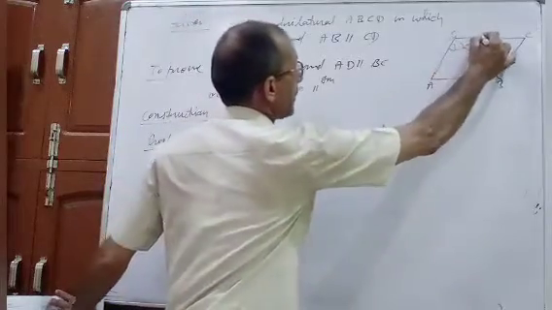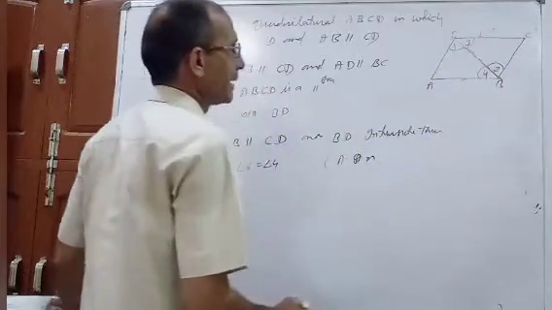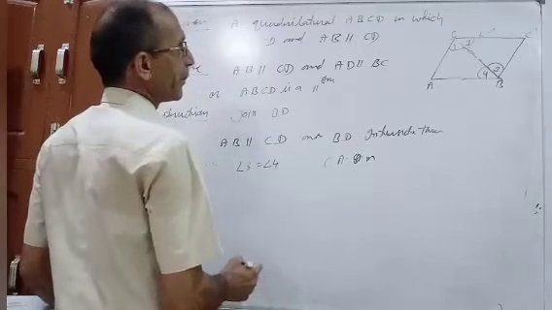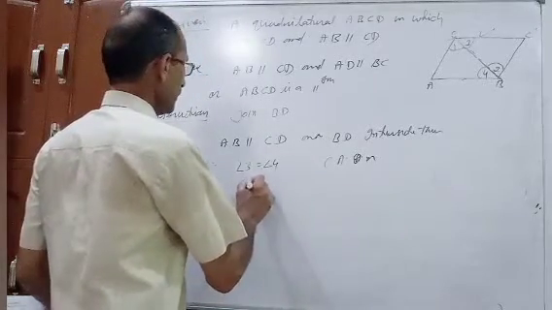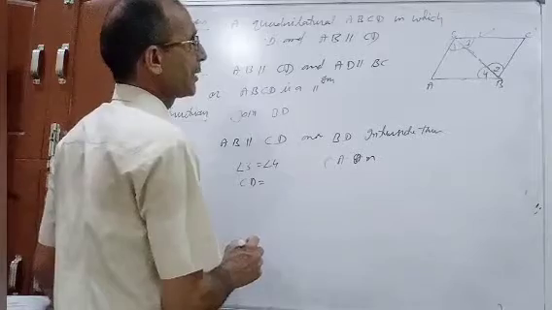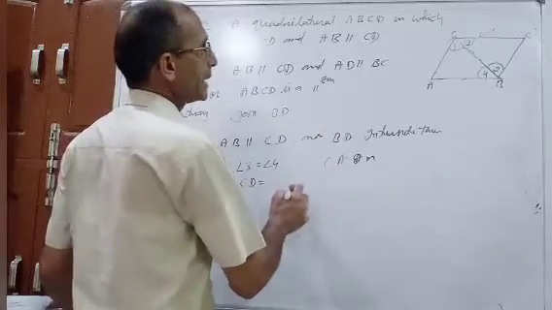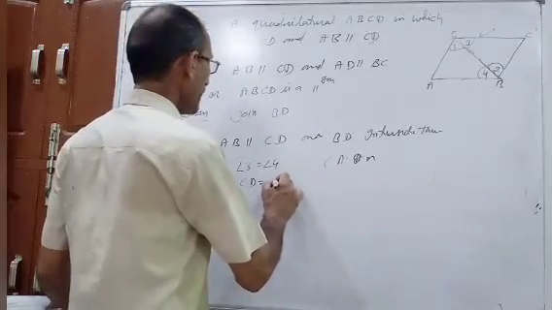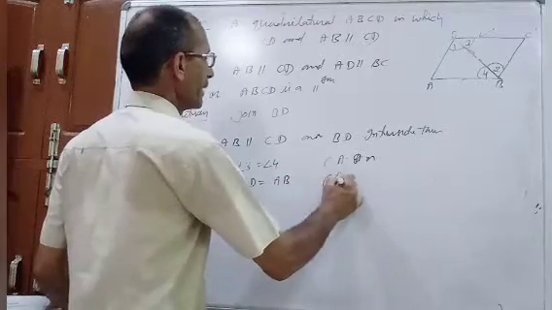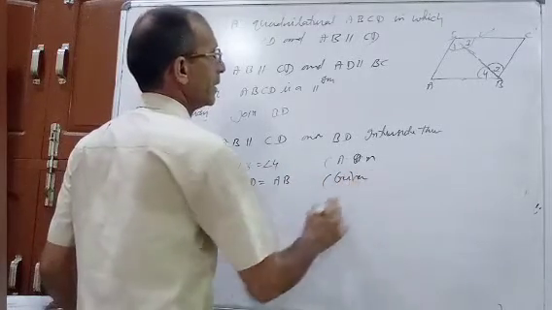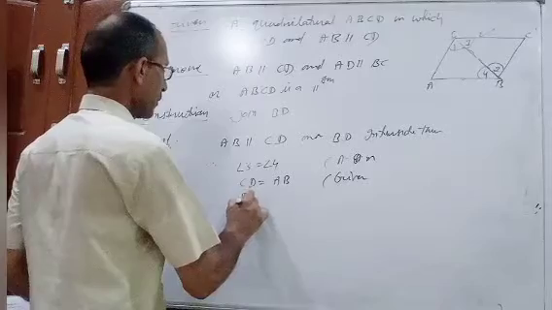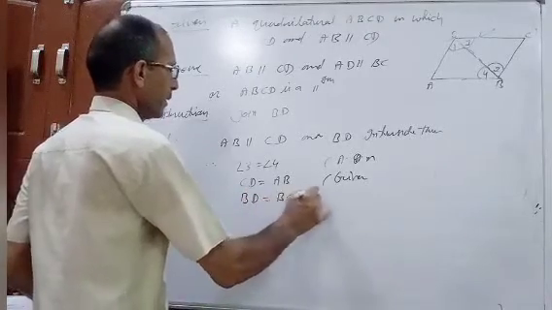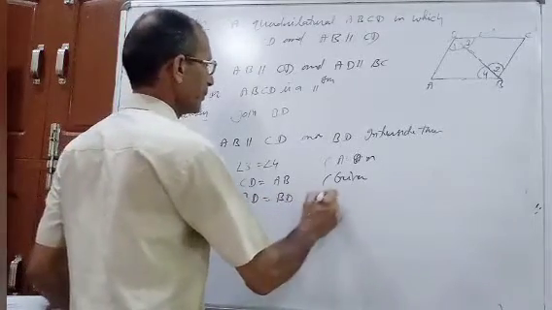So we have to apply that this side is equal, given this one. So CD is equal to AB, given. BD is equal to BD, common side.